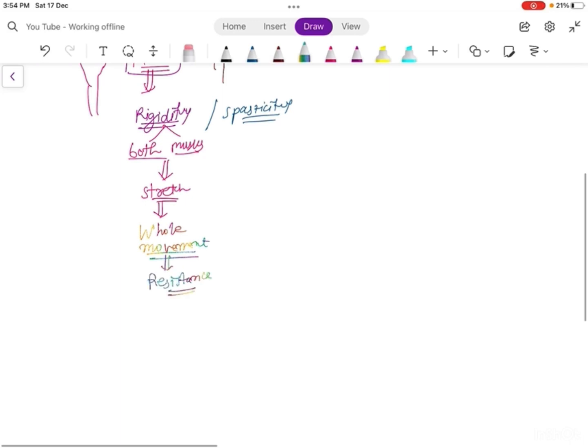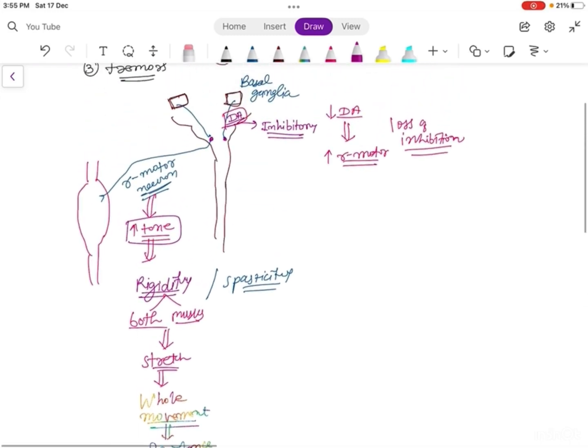and this is called the lead pipe rigidity. But sometimes in this lead pipe rigidity, because you all know that there are tremors.